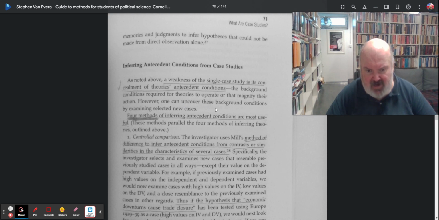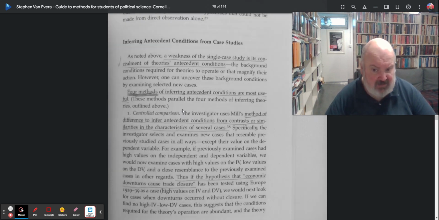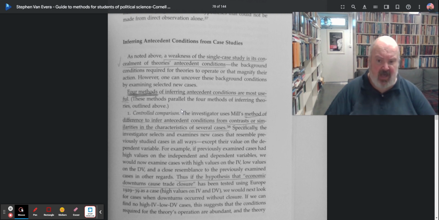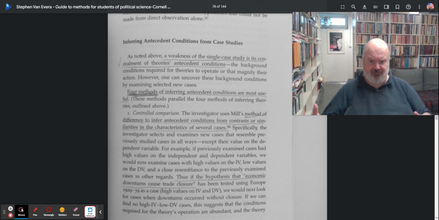However, one can uncover these background conditions by examining selected new cases, right? So you can do this in this sense. In other words, case studies are not good at revealing what antecedent conditions are. Ironically, you can use case studies to generate an antecedent condition.